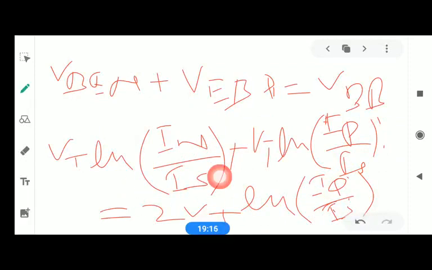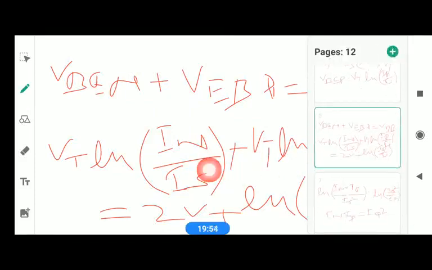Now as we know, the Vt here gets cancelled. Vt common you take, Vt by Vt cancels. Now you have ln of In by Is plus ln of Ip by Is, and we will take ln of In by Is into Ip by Is, because ln of A plus ln of B will be ln of A into B, you know that. That we are taking on the next board.